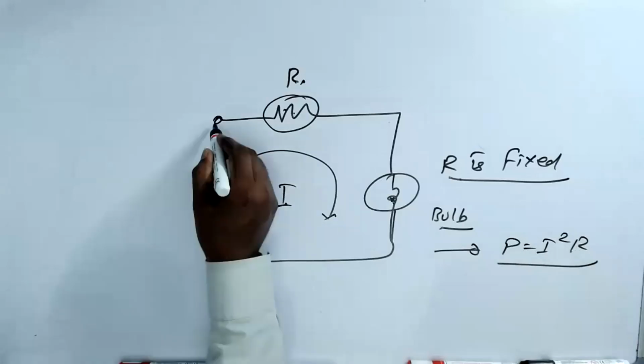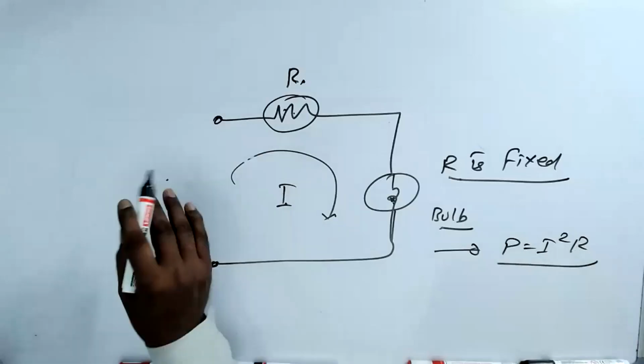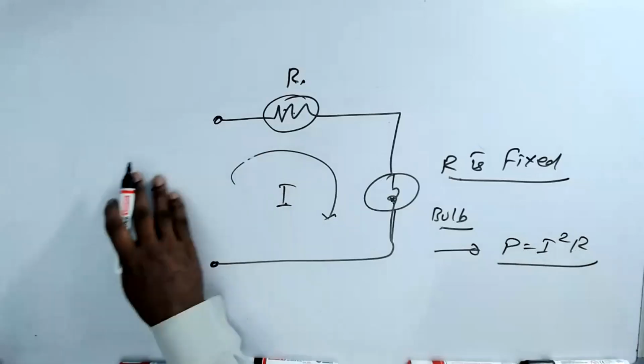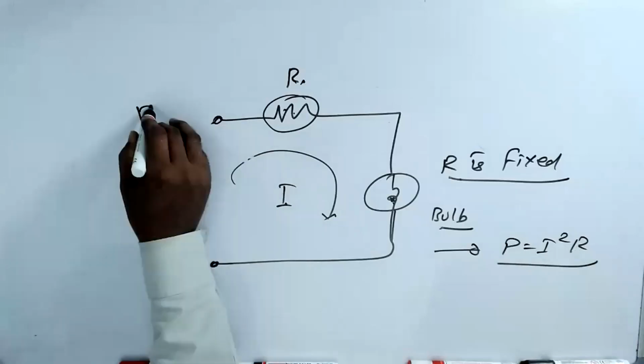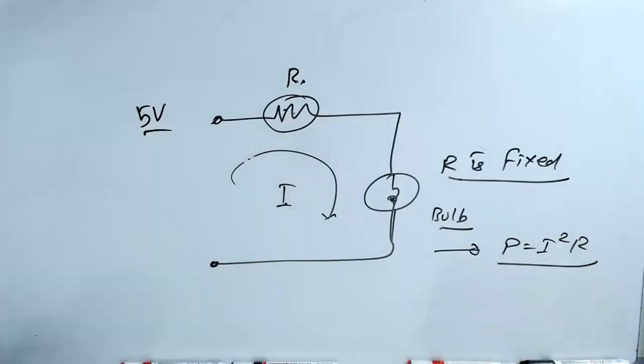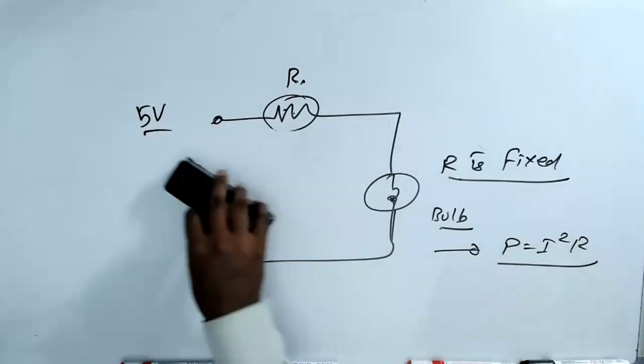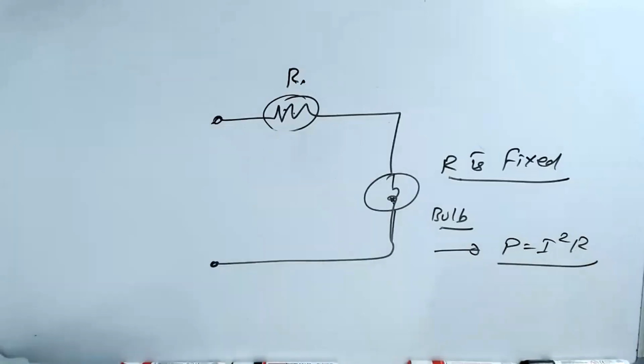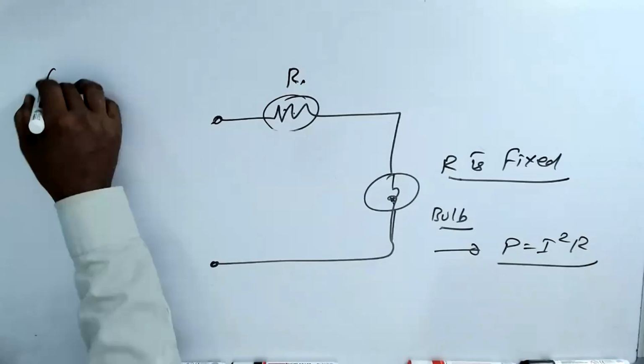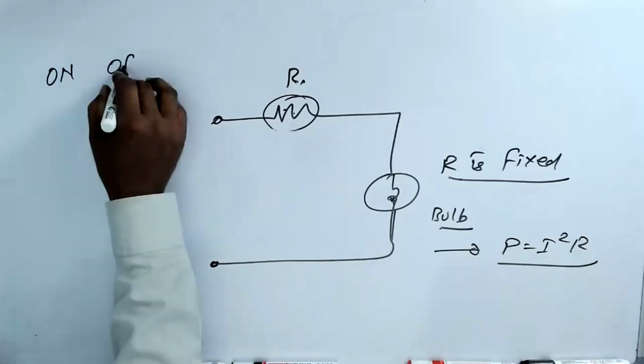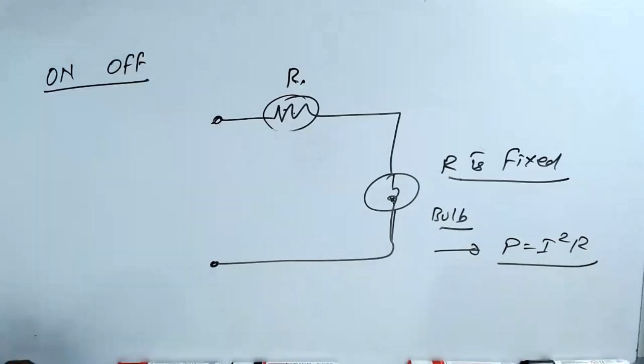How do I change the voltage? Because I give 5 volt only. So what we are doing here is, we do a simple technique, by on and off. I make it on and off at a fast rate. That time what happened? I do on, I do off.